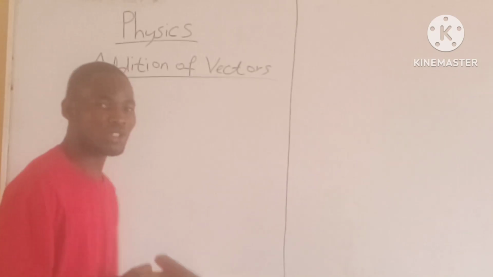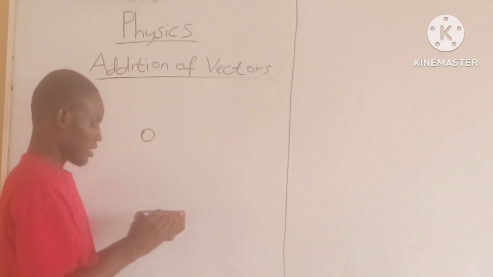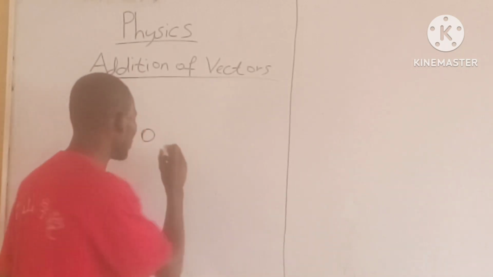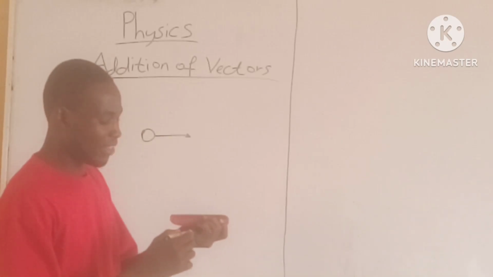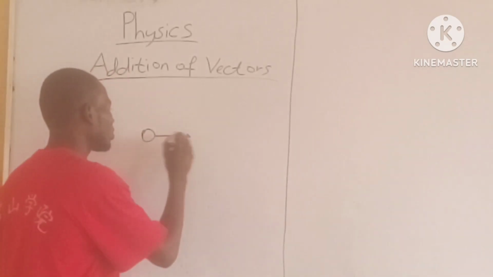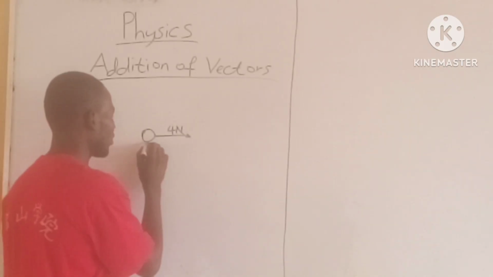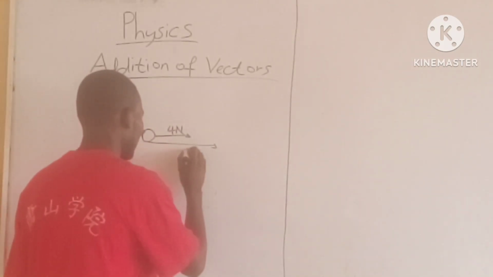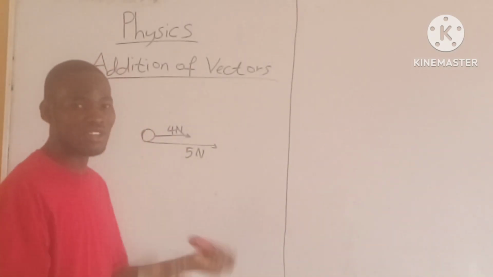Now, let's talk about force. Let's say a force is acting on a ball in the same direction. Let's say we have a force of 4 Newton, and another force of 5 Newton. Remember that force is a vector quantity. What is the net force, or the resultant force?